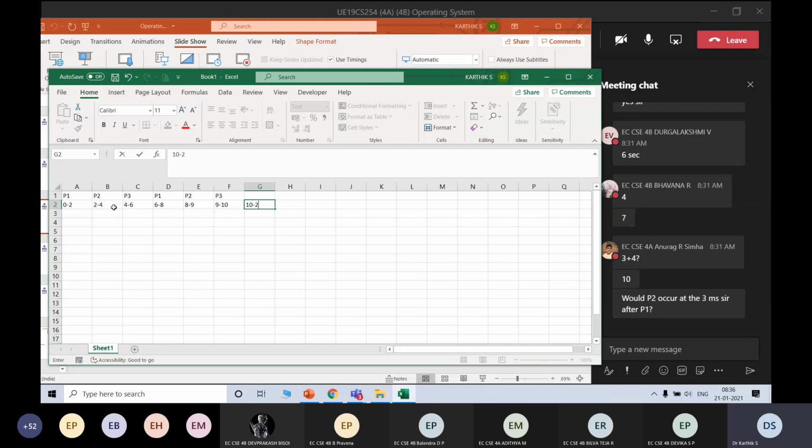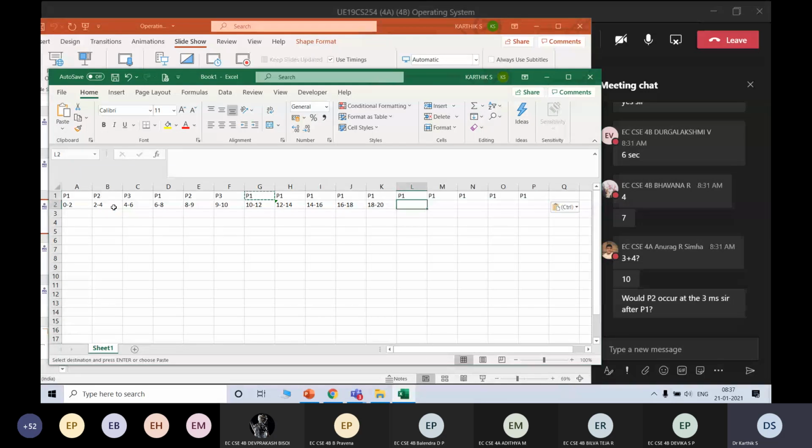And then from 10 to 12, 12 to 14, 14 to 16, 16 to 18, 18 to 20. All of this belongs to process P1 continuously. So up to 24 units: 1, 2, 3, 4, 5, 6, 7 we have done, 8, 9, 10, 11, 12.